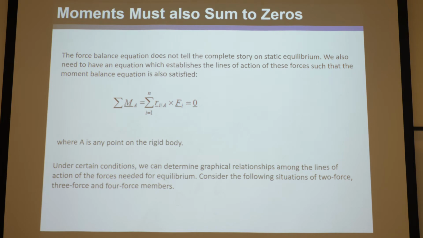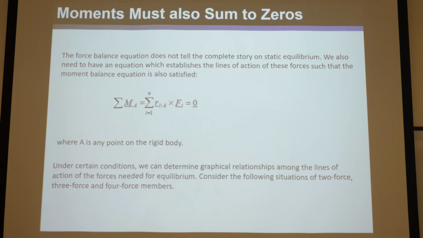Okay? And so now, the force balance equation does not tell the complete story on static equilibrium. We also need to have an equation which establishes the lines of action of these forces such that the moment balance equation is also satisfied. So remember, it's not enough just to sum the forces to 0. You have to sum the moments caused by the forces, as well as the moments, if there are any, and those need to equal 0.